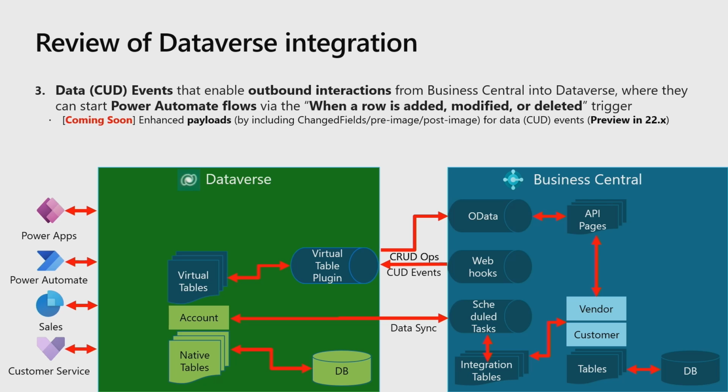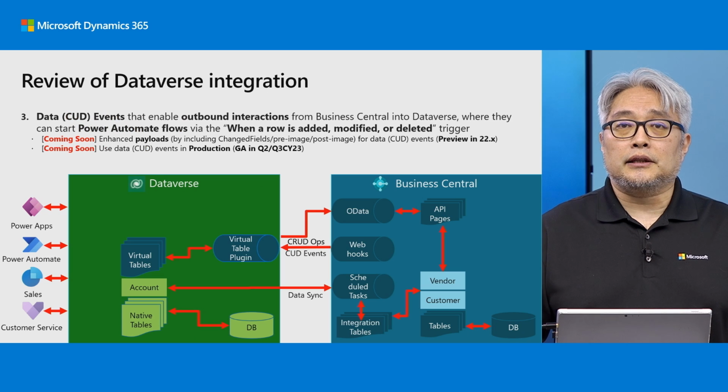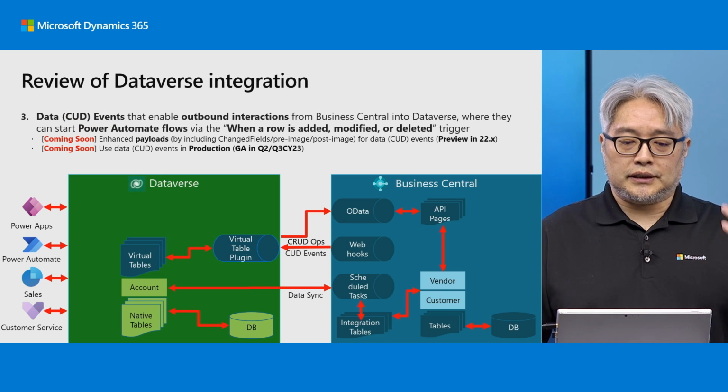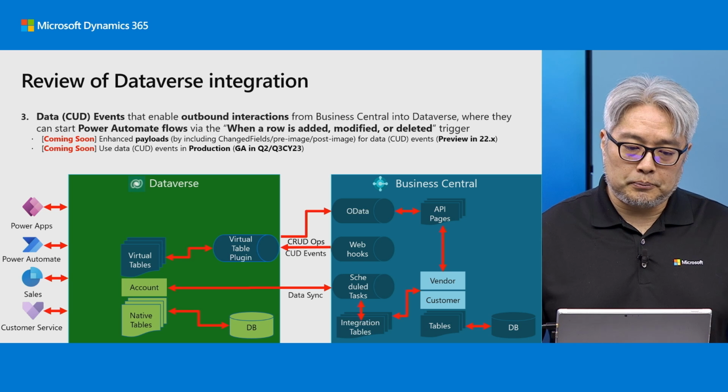For this, we are planning for a preview of enhanced payloads, where the payload of data events can include change field property, pre-image rows or post-image rows that will help automation using these events. Also coming soon, we will make sure that the data events will also GA around the same time as virtual tables, which is in the second or third quarter of this calendar year.